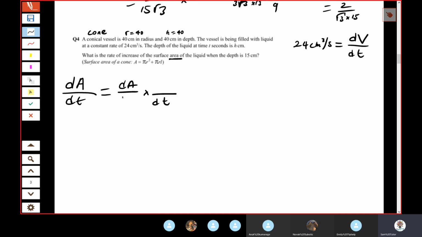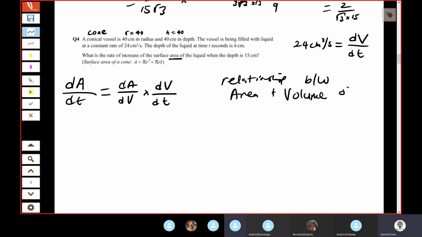Now, what's the problem though? The relationship between area and volume. Do you have a relationship between area and volume?